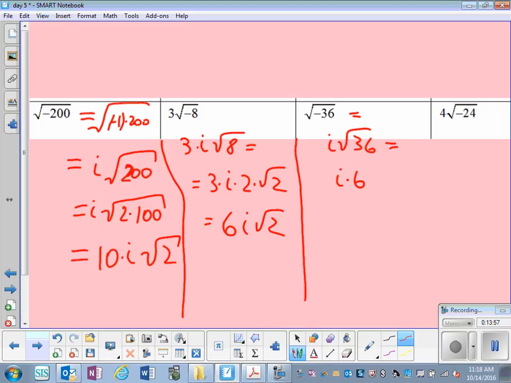Question? Which one? This one? 6i square root of 2. Yes. No, i6 or 6i is the same, right? It's i multiplied by 6, like 3 multiplied by 2 is the same as 2 multiplied by 3, right? By the commutative property I can rewrite it as 6i.